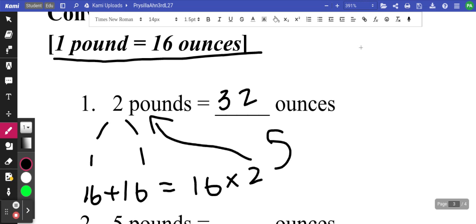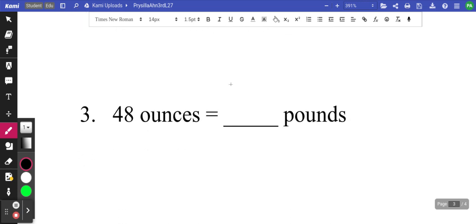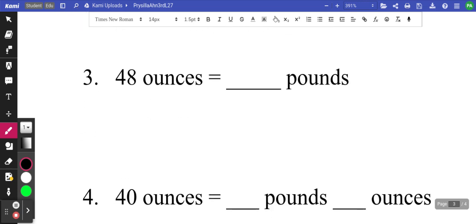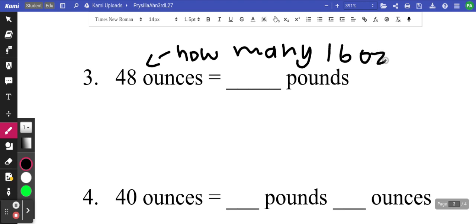Okay, and let's try one where we divide. So something like 48 ounces, so we're going small to big, which is dividing. And so we're trying to figure out how many 16 ounces go into 48. OZ, by the way, means ounces, but short.